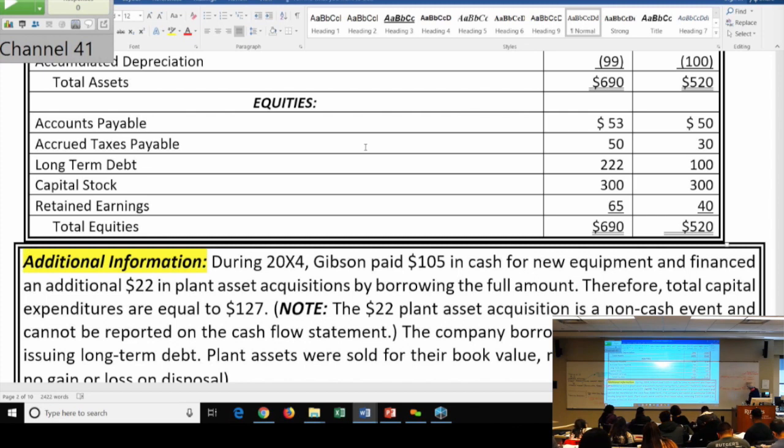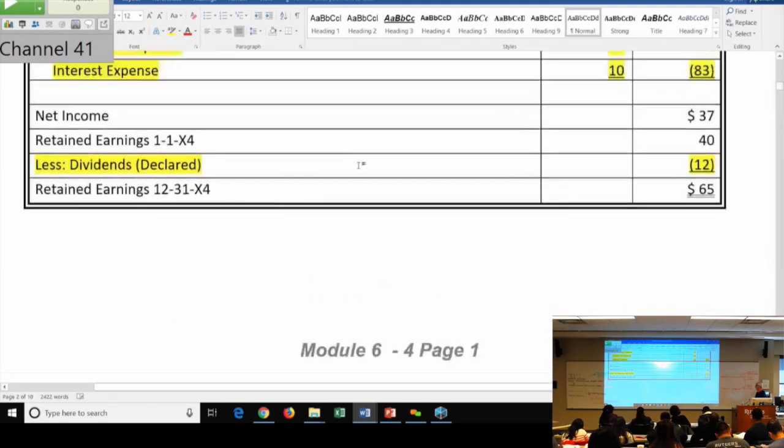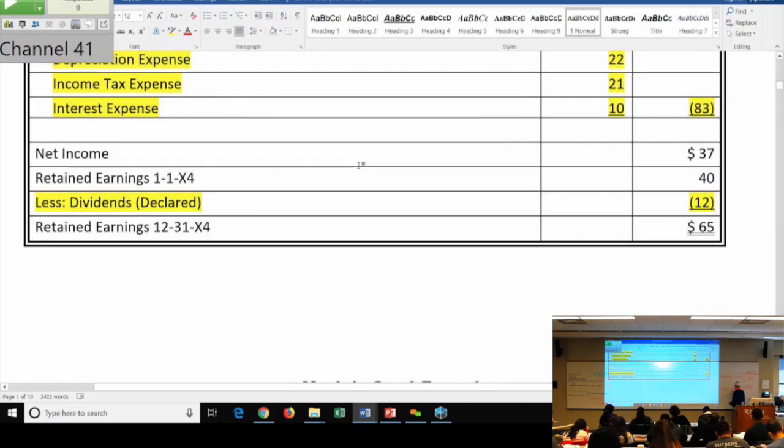Let's see how this ties in: financing property, plant, and equipment. Now, while I have financing activities up here, we also know we've got dividends declared of 12. We have to see if they're paid. We have to check that out in a second.